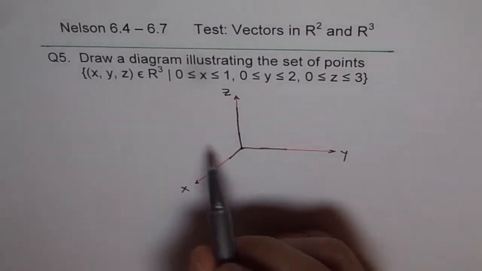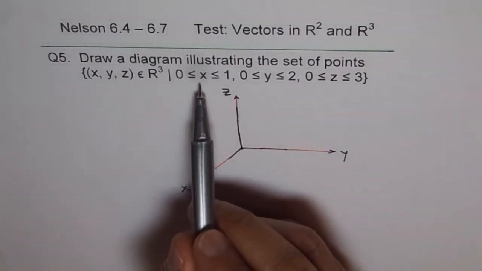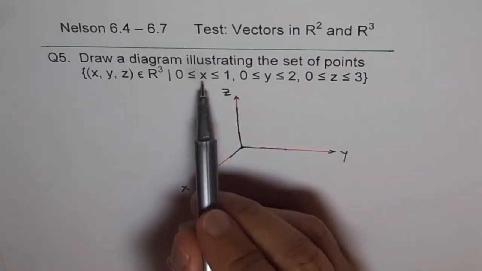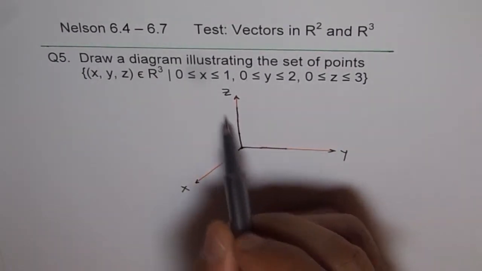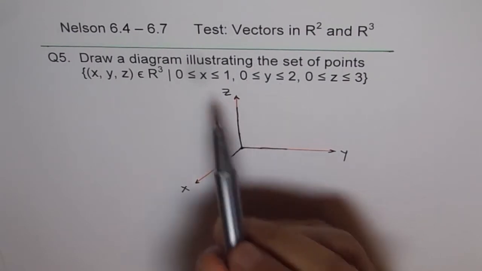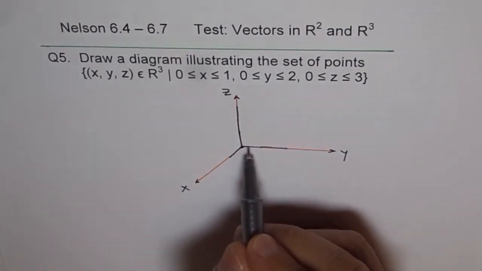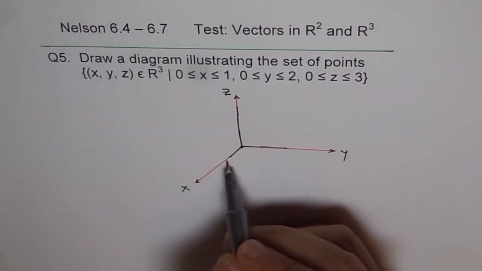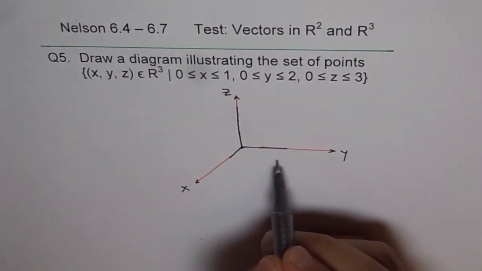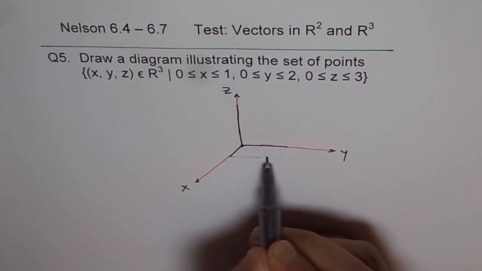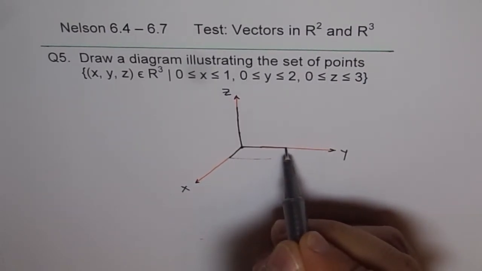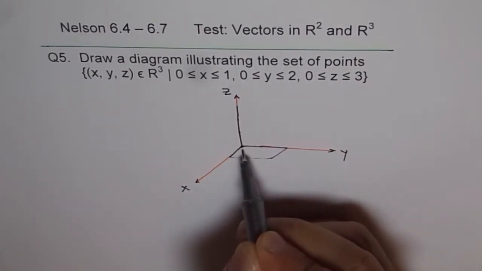Let's start from the very beginning. When we say x and y, they can have many combinations. If x is 0, y could be from 0 to 2, including the whole line. If x is 1, then y could be from 0 to 2, including this line. So the whole area gets filled up. Do you see that?